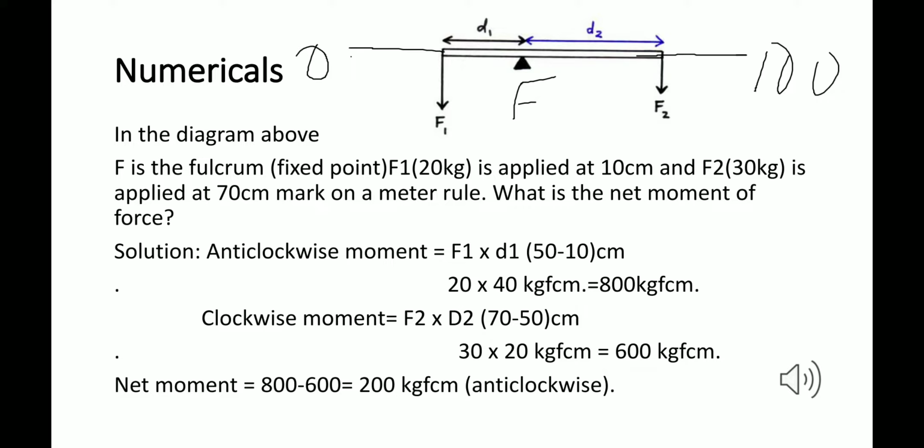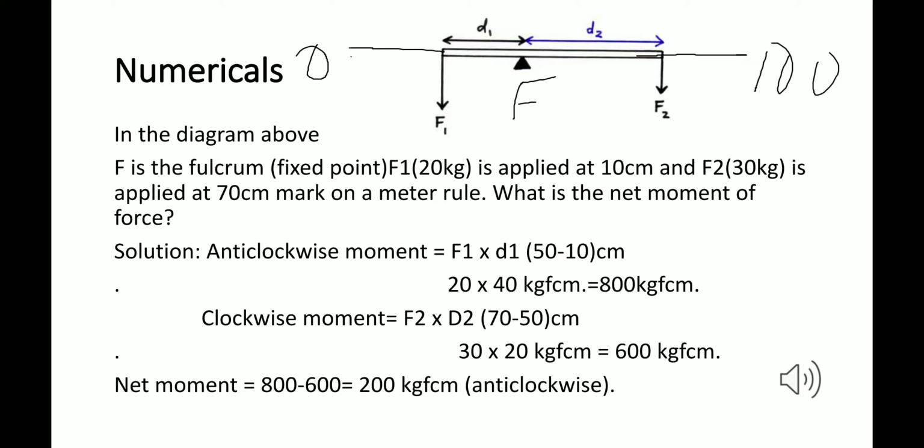Now, clockwise and anti-clockwise moment I have already taught you. So, first we will calculate the anti-clockwise moment. Moment is force into the distance. So, F1 into D1 for the first one.